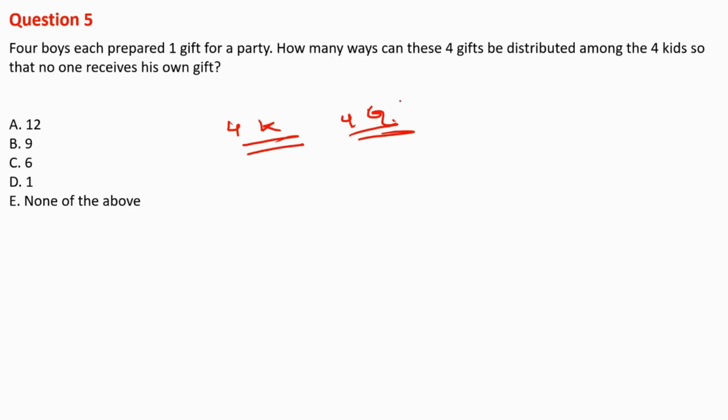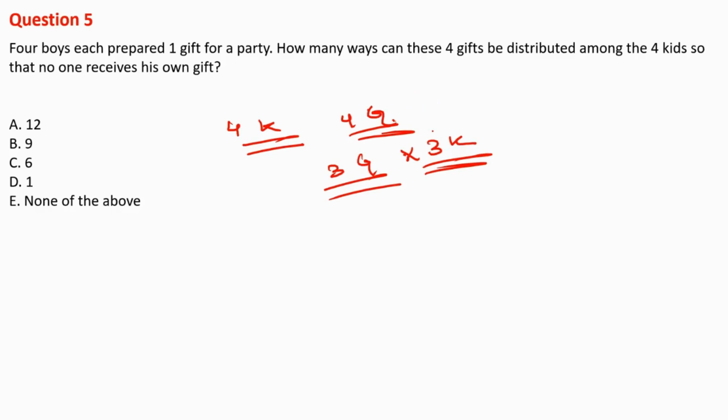So see, 4 kids and 4 gifts are there. If 3 of the gifts are being exchanged by 3 of the kids, obviously the 4th one will automatically get a different gift because the rest of them have already exchanged.